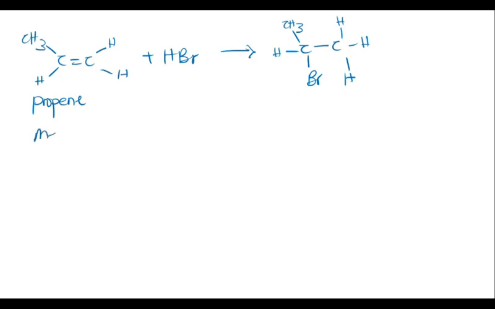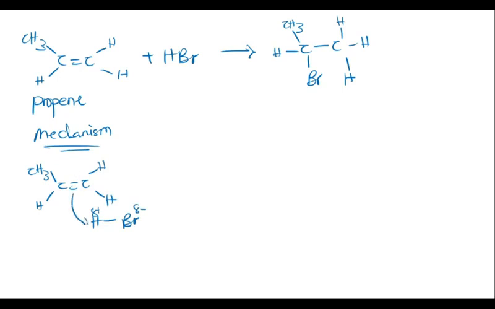Now let's look at the mechanism. So this is how it happens. We have our CH3 bonded to our carbon bearing the double bond, and then we have the two hydrogens over here. So we have our HBr over here, which is partially positive, partially negative. The double bond over here will attack the proton, expelling the electrons onto the bromine.